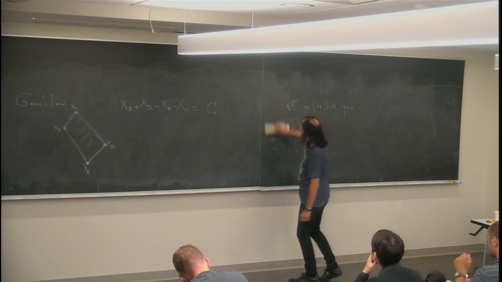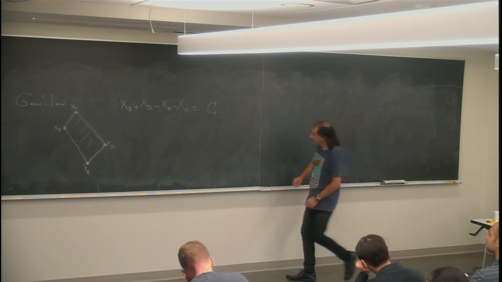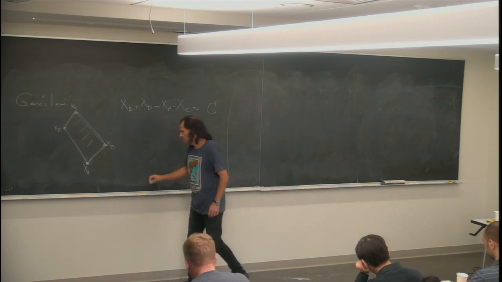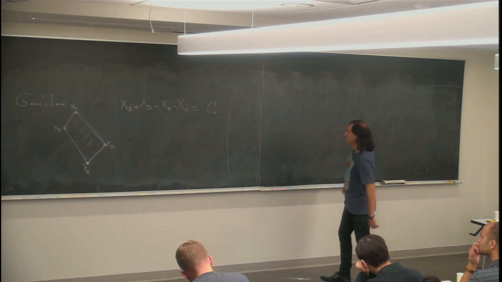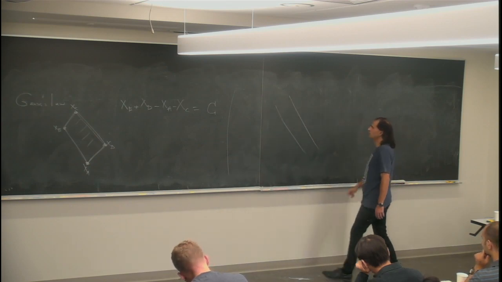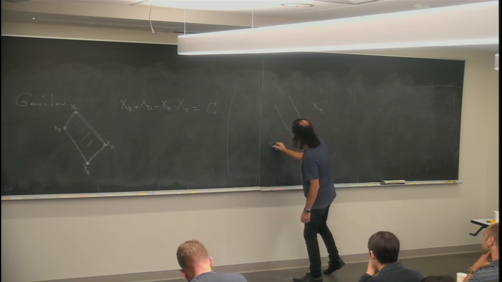Another fact that we're going to need about the wave equation, which we'll use in a little bit, is very simple. Let's say you have a solution to the wave equation, which out here is some x right, and back here is some x left.